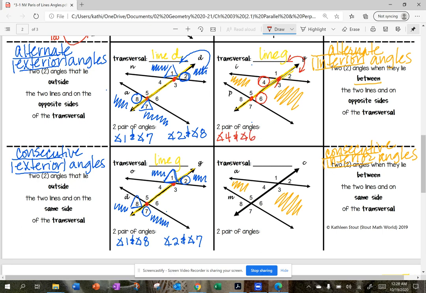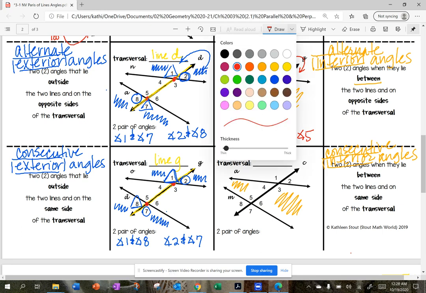My other pair would be angle 3 and angle 5, because I have them on the inside, and alternate means one on each side of the transversal. Those are alternate interior angles.